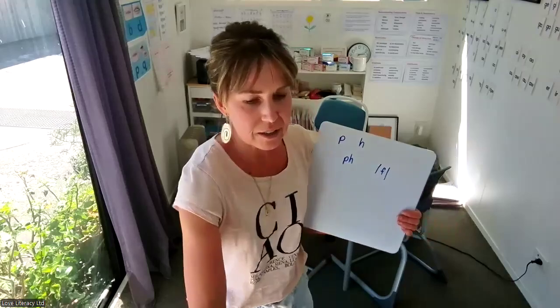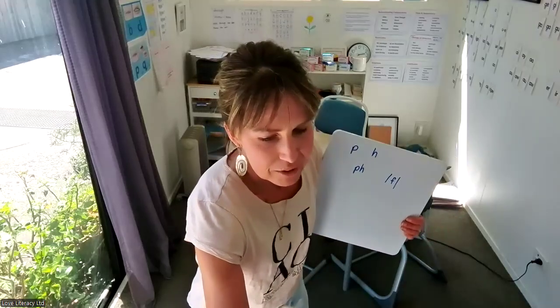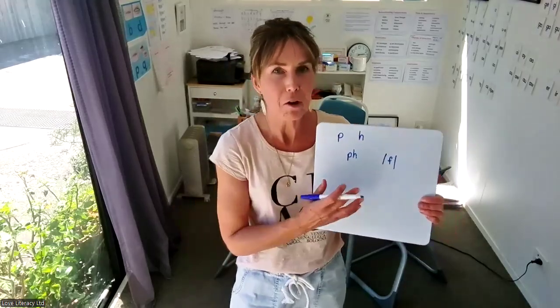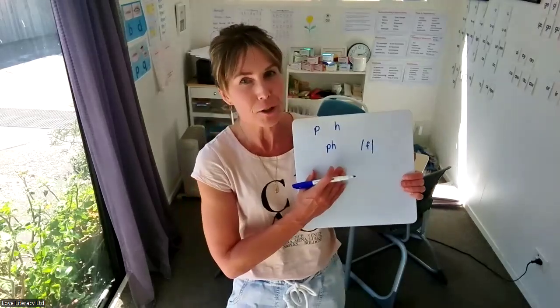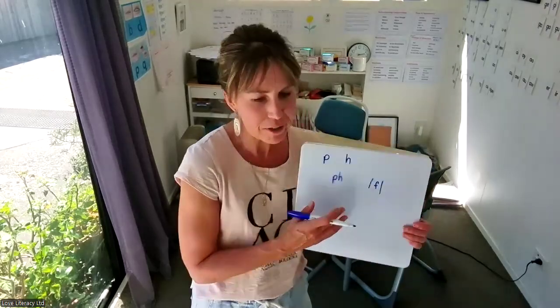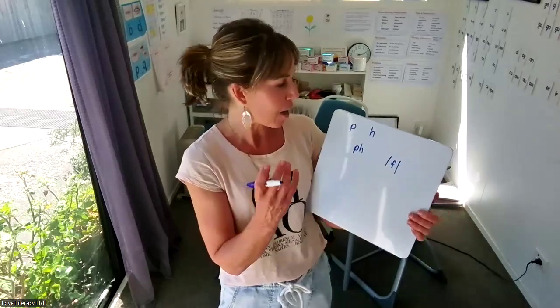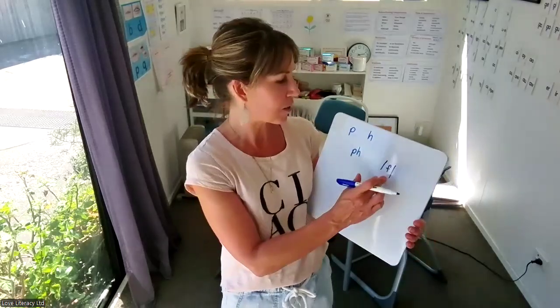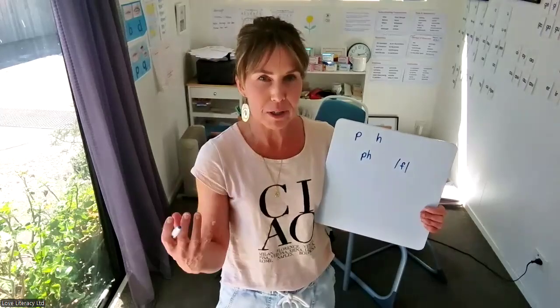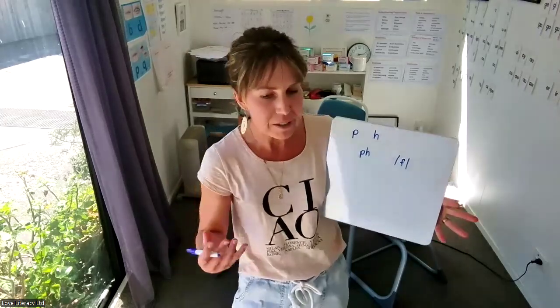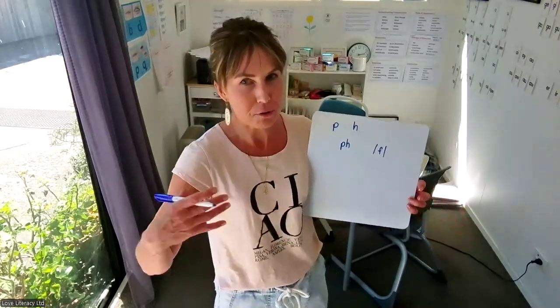Now, here's the thing. This is actually quite a complex sound, but it is really, really good for students to learn how to read this early on, because it actually makes up quite a bit of language that they will come into contact with and be seeing as they move through school.